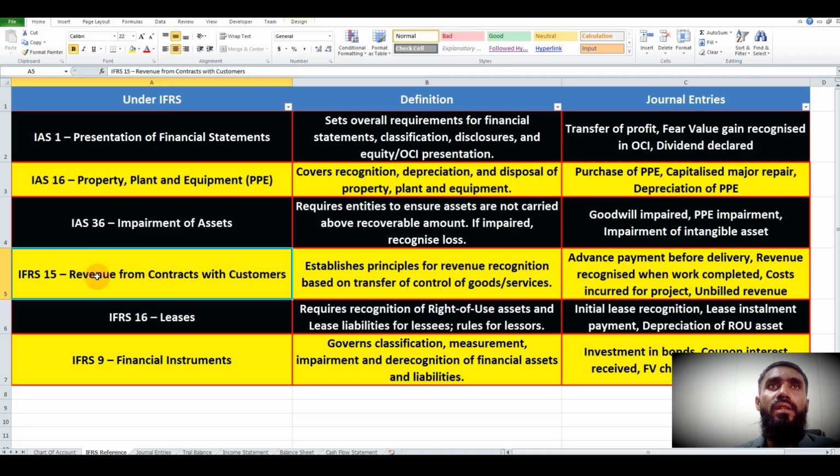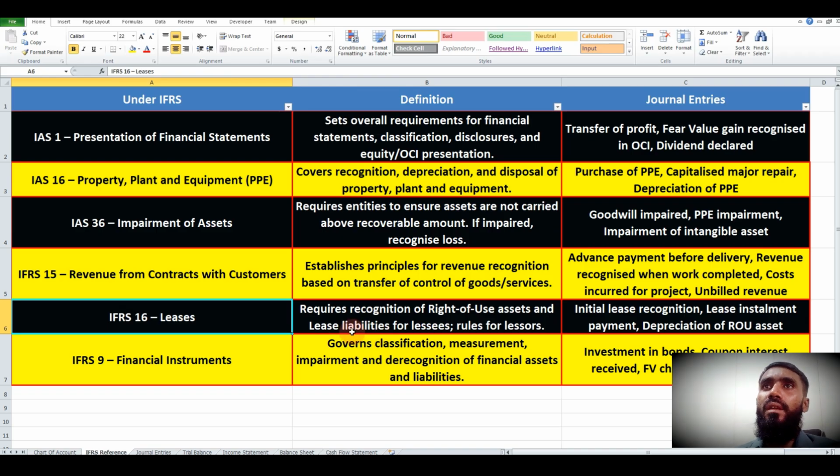These types of entries are moved into IFRS 15, and the main thing is that the definition establishes the principle for revenue recognition based on transfer of control of goods and services. You must study these definitions deeply, then you will know how to prepare the financial statements when we want to generate them under IFRS rules.